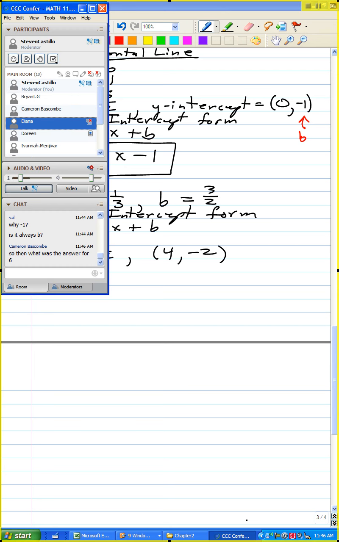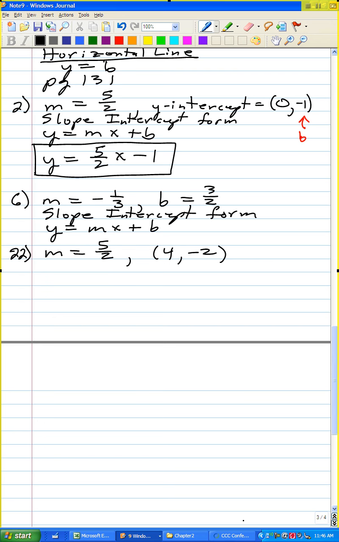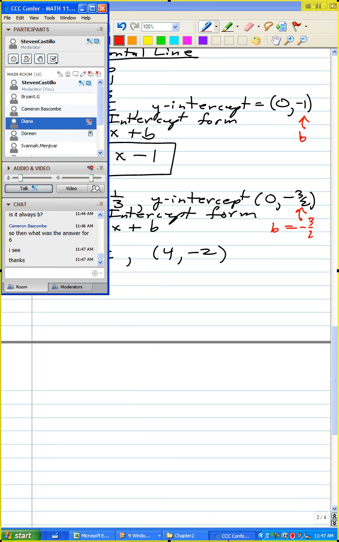And let me check what the question is. Right, so for number 6, the y-intercept was given as (0, -3 halves), which means that b is equal to -3 halves, since that's the y-coordinate of the y-intercept.